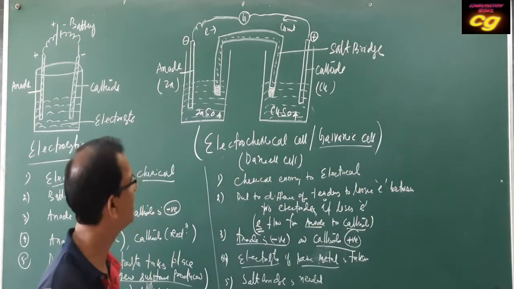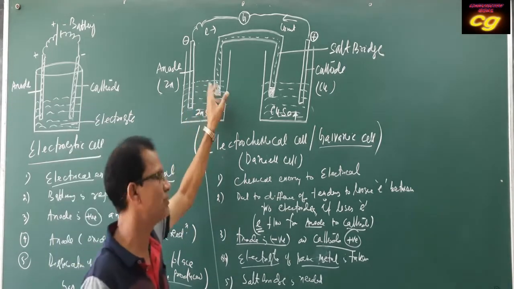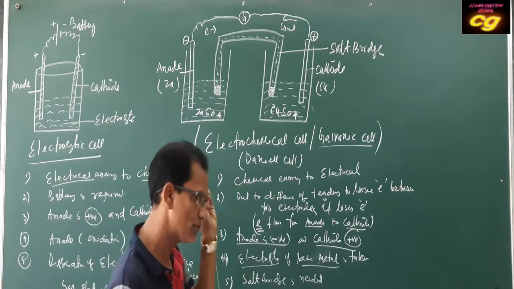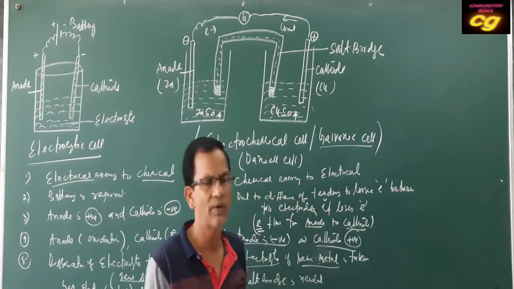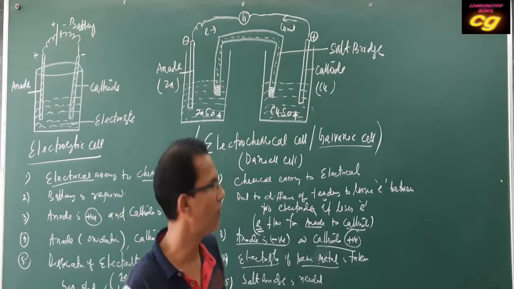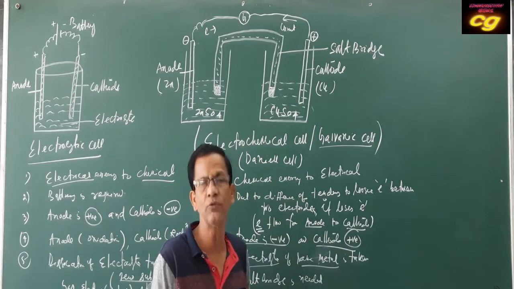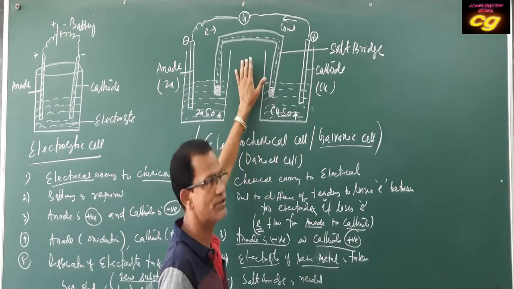All electrochemical cells require a salt bridge. Without a salt bridge, the cell works only for a very small span of time, and it will continue for that less time.